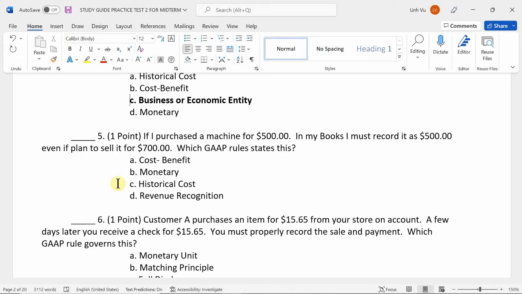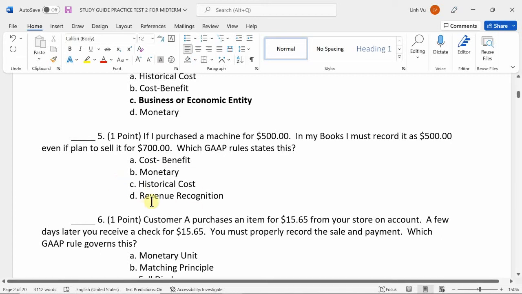And in this case, historical cost, right? You're going to record it at whatever you purchased it for, which is originally $500, even if you can potentially sell it for $700, right? And get a gain. You're still going to keep it in your books at the original historical cost. So in this case, letter C, right?